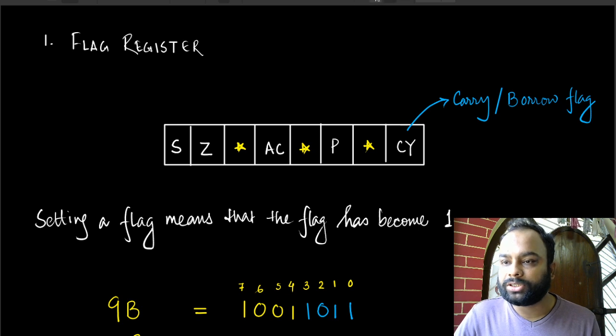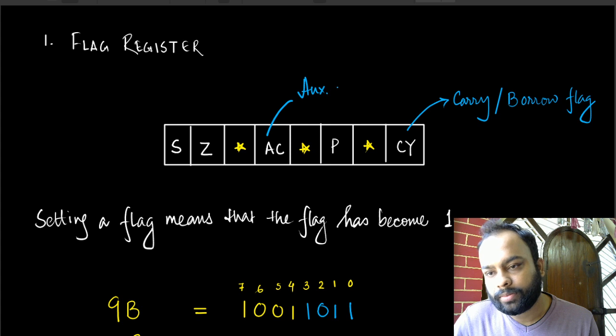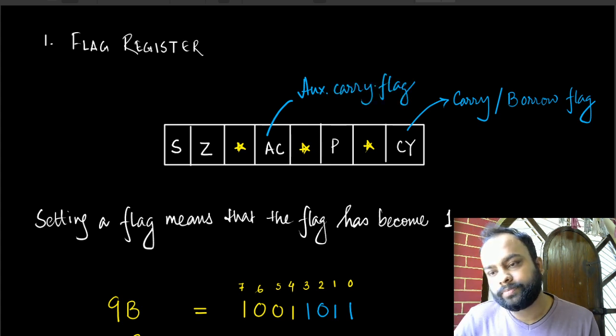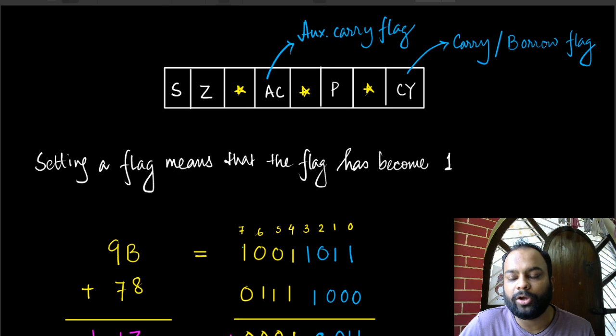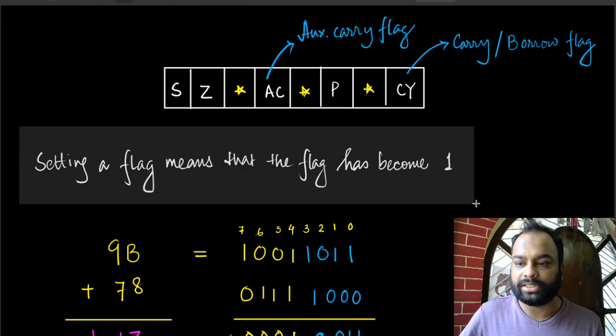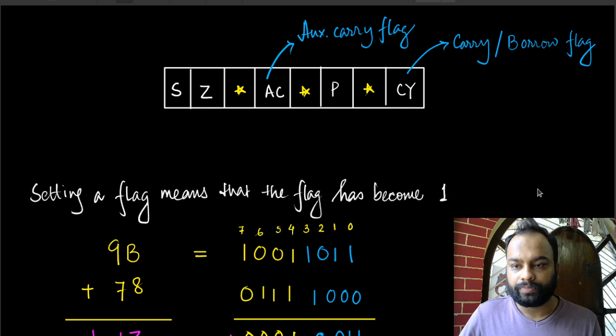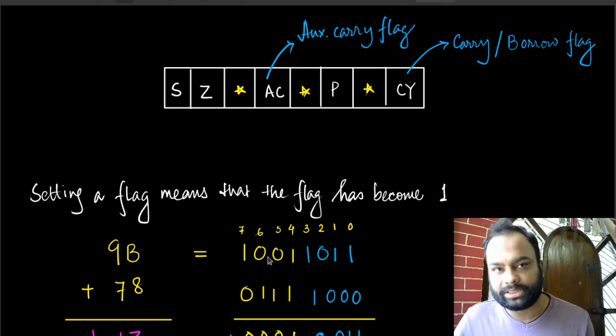Similarly, this one is known as an auxiliary carry, the auxiliary carry flag, and of course we talked about the auxiliary carry. But feel free to ask if you have any query regarding any of the discussions we just made. Again, I would believe that this is quite simple to understand, right?